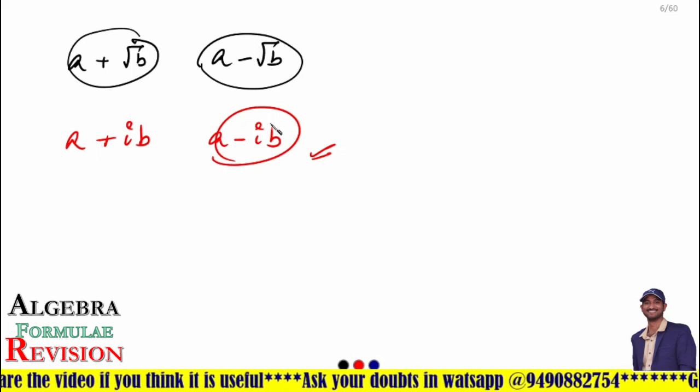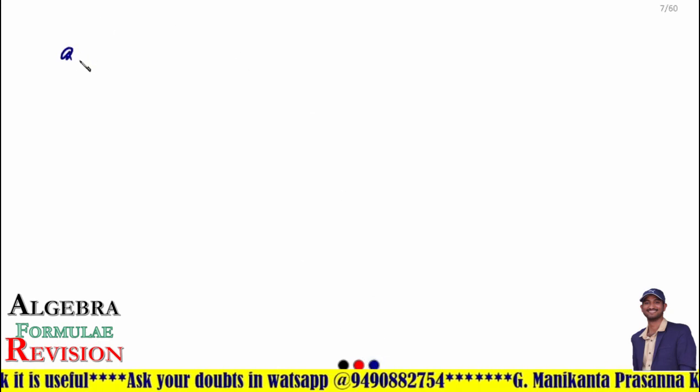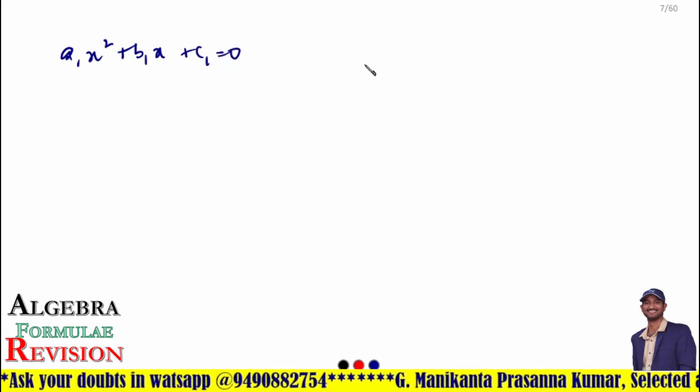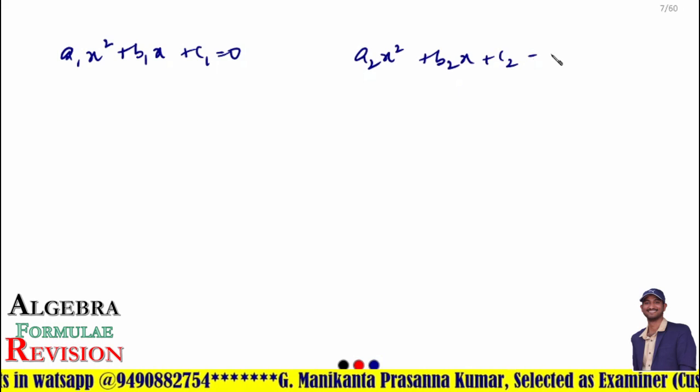And the next important thing in the quadratic equation is a common root. Suppose there are two quadratic equations a1x square plus b1x plus c1 equal to 0 and a2x square plus b2x plus c2 equal to 0.